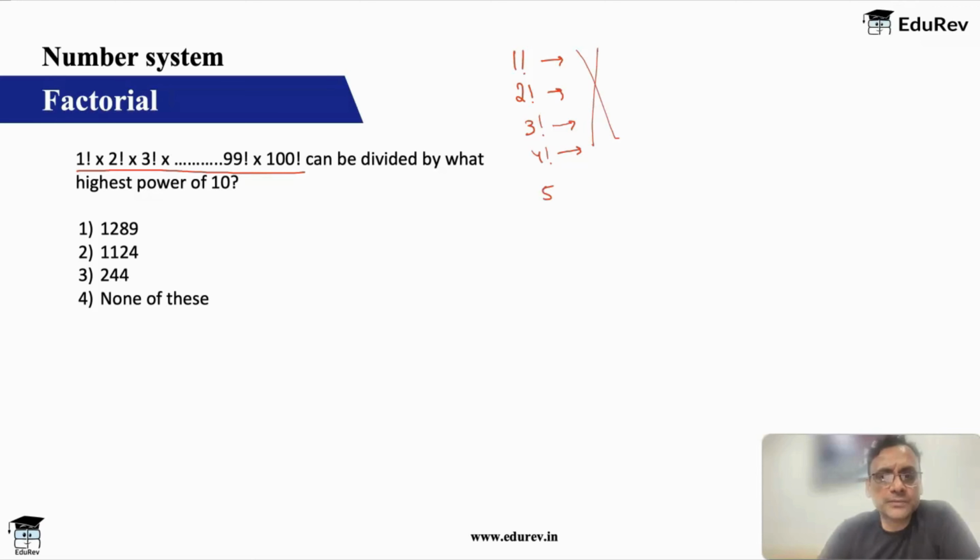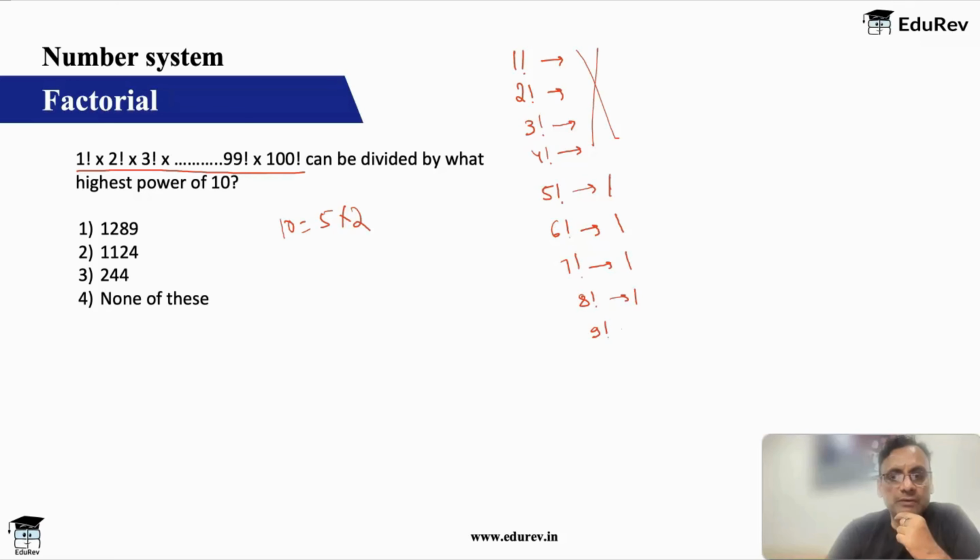5 factorial will have a 5. Basically you're looking for 5, right? Because 10 is 5 into 2. You don't have to bother about 2. You only have to bother about 5. 5 factorial will have 1 5. 6 factorial will have 1 5. 7 factorial will have 1 5. 8 factorial will have 1 5. 9 factorial will have 1 5.